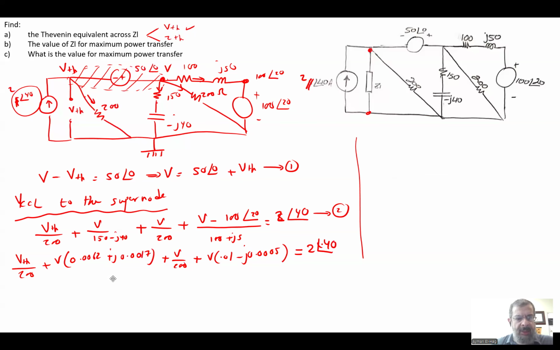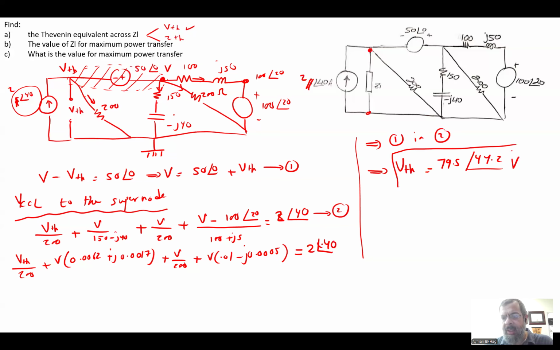So then from this, you can substitute 1 in 2, and you will find that your V Thevenin is equal to 79.5 angle of 44.2 volt. So that is your V Thevenin.